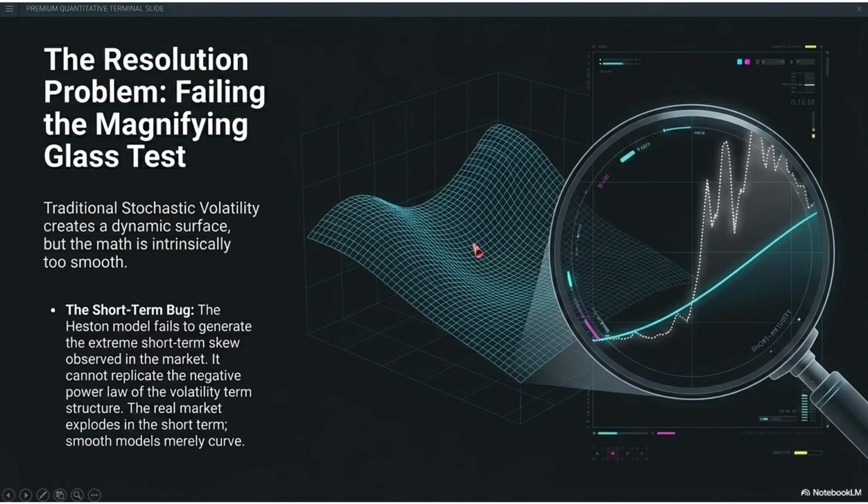Yet, standard stochastic volatility introduces a resolution problem, failing the magnifying glass test, because traditional stochastic volatility creates a dynamic surface, but the math is intrinsically too smooth.